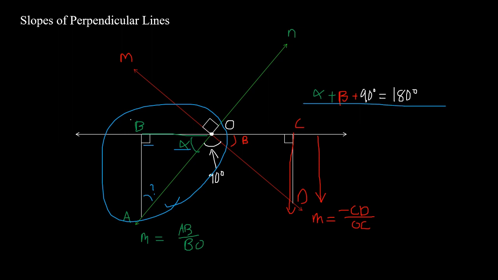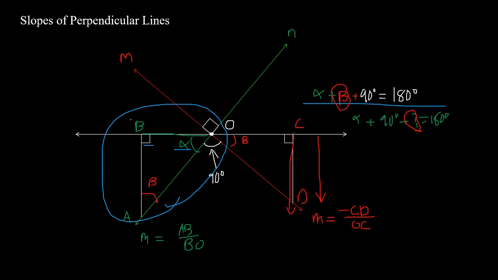Well, alpha plus beta plus 90 degrees equals 180 degrees. From this triangle, alpha plus 90 degrees plus some unknown angle equals 180 degrees. The only thing that's missing is beta. So this unknown angle over here is actually going to be beta.